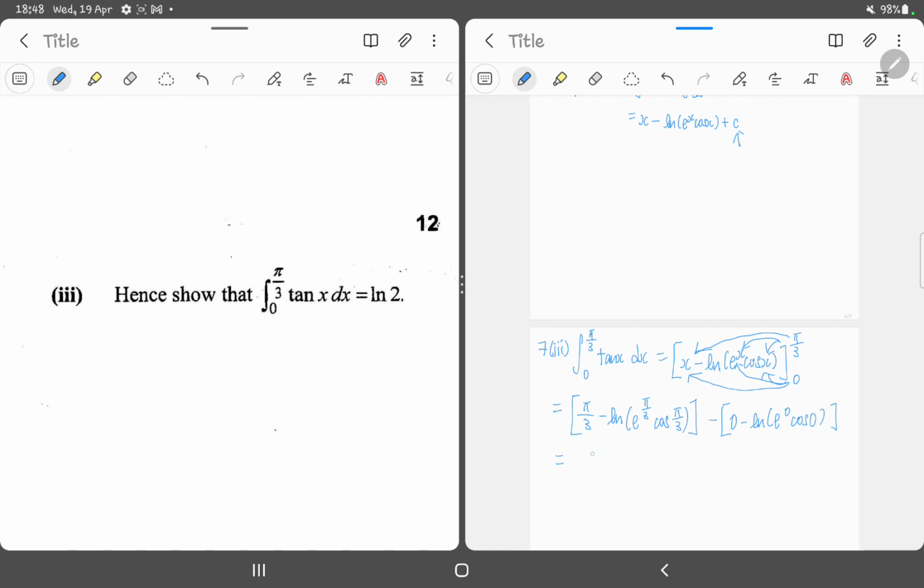So this is equal to pi over 3 minus ln of e to the power of pi over 3.